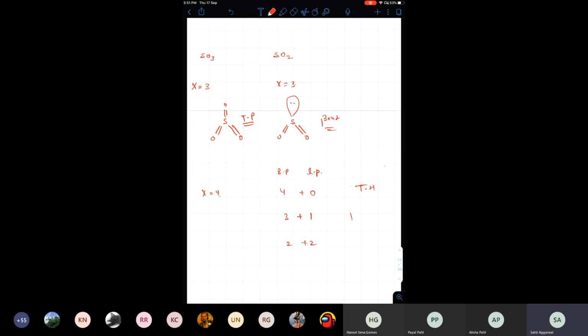This will be pyramidal, and this will be bent, angular, or V shape.